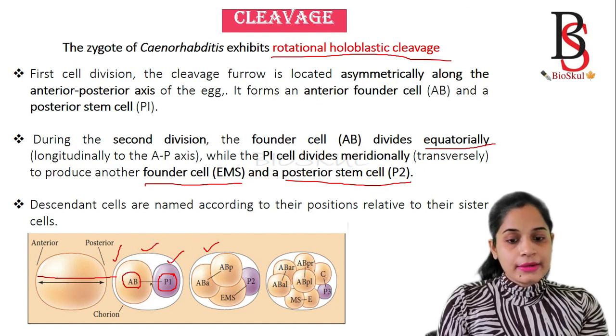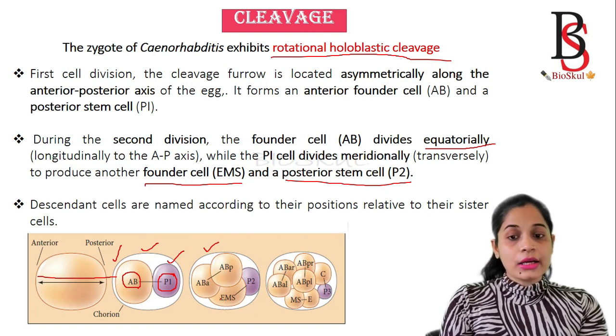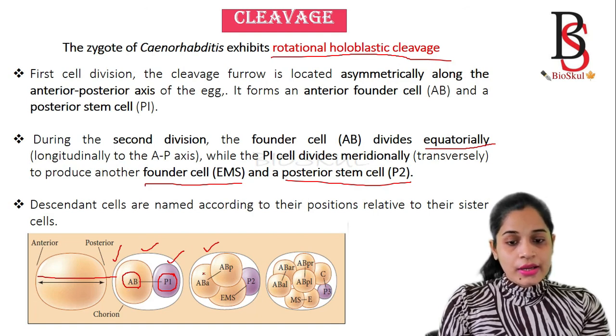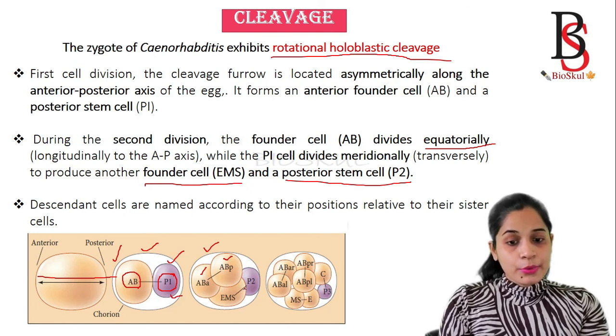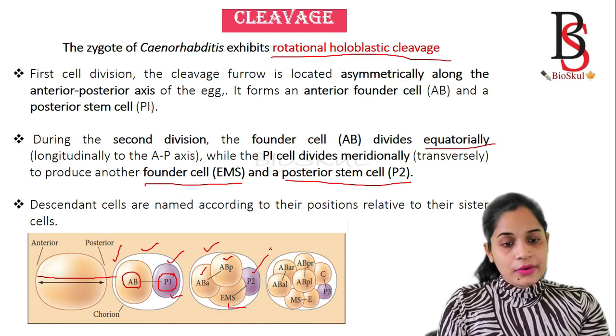Then in the second cleavage, the anterior founder cell divides longitudinally and produces two founder cells, ABA and ABP. But the P1 cell, the posterior stem cell, divides transversely and produces one founder cell and another posterior stem cell.